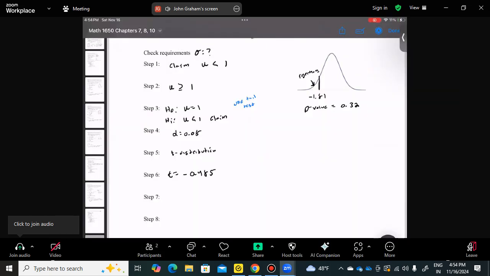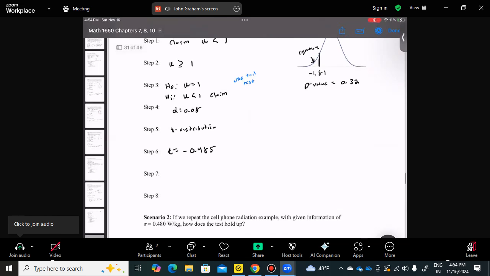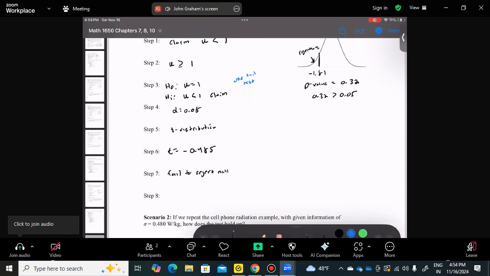Okay, so based on this, we will fail to reject the null. Our p-value of 0.32 is greater than 0.05, that's why we fail to reject the null, and our test statistic does not fall inside the rejection region.